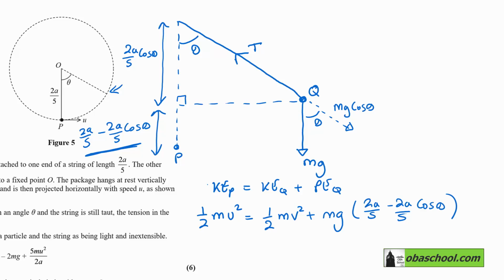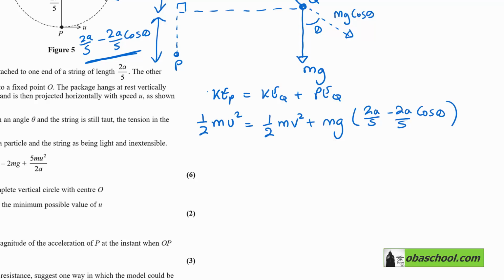Now the thing that we introduced here was the v. So what we want to do is find an expression for v squared. My first step would be to cancel the m's throughout. Then I'm going to multiply through by 2. So we get u squared equals v squared. I'm also going to factor 2a out of 5 out of the next thing.